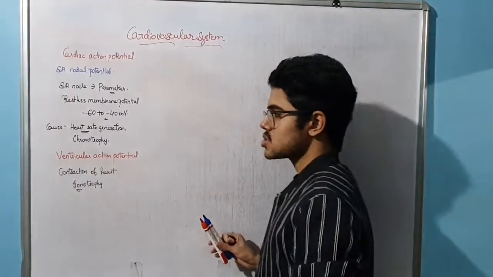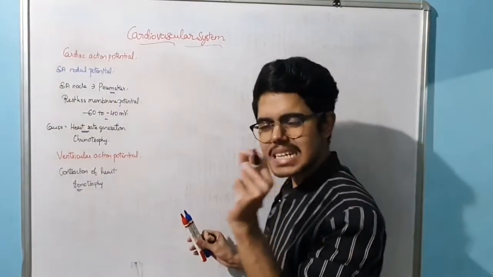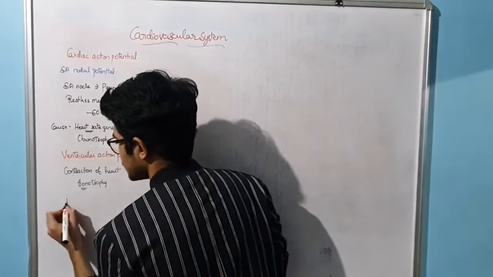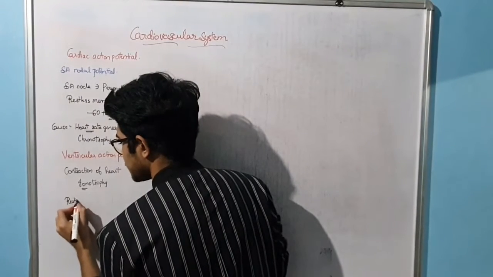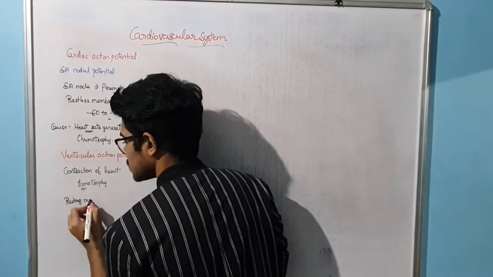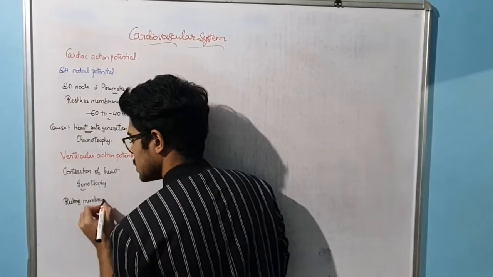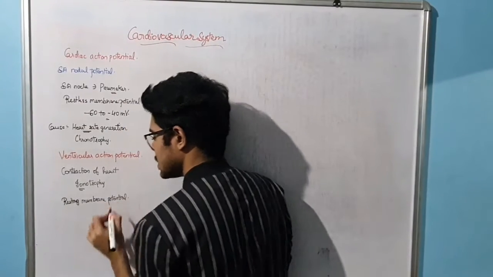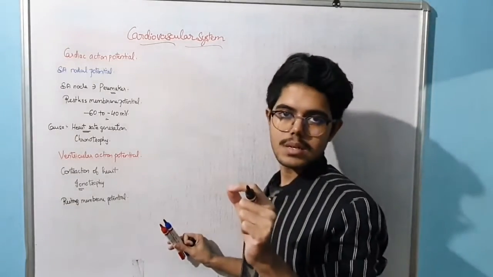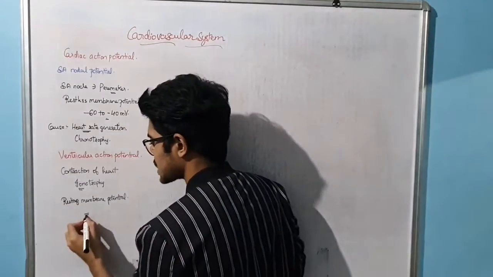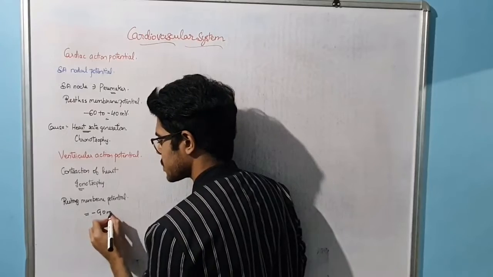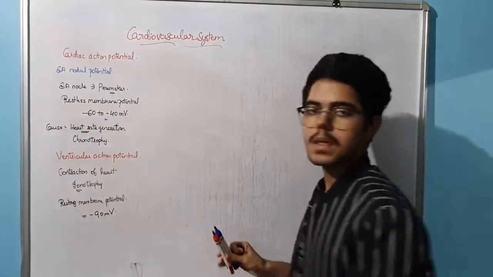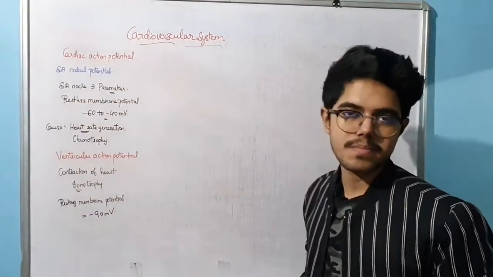The action potential of this type is the resting membrane potential, which means the value is single. The resting membrane potential of the heart is -90 mV. You all know, -90 mV.